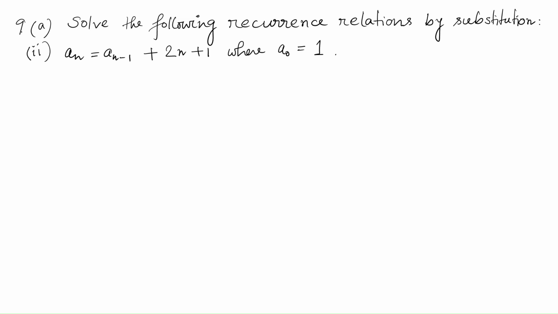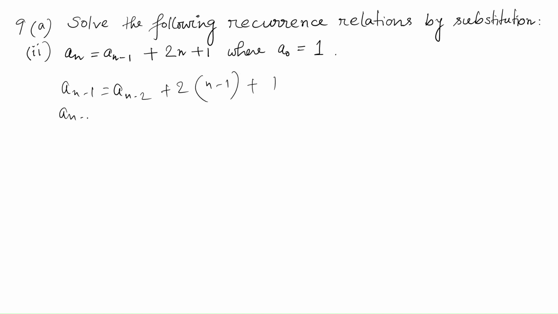Next, question 9A2. Solve the following recurrence relations by substitution. a n equal a n minus 1 plus 2n plus 1, where a naught equals 1. Like the previous sum, we will replace n by n minus 1 and so on. Then we will have a n minus 1 equal a n minus 2 plus 2 into n minus 1 plus 1.